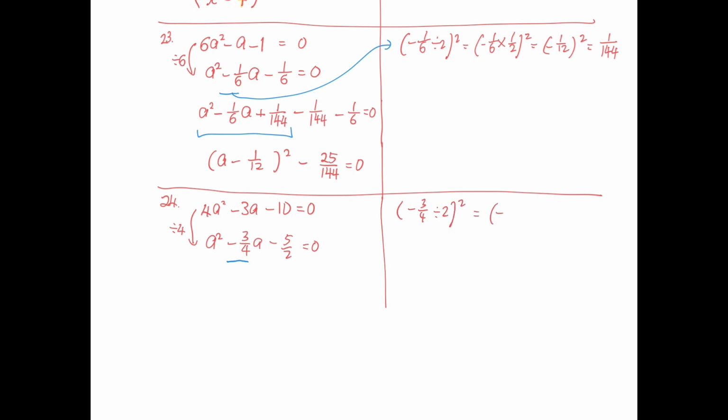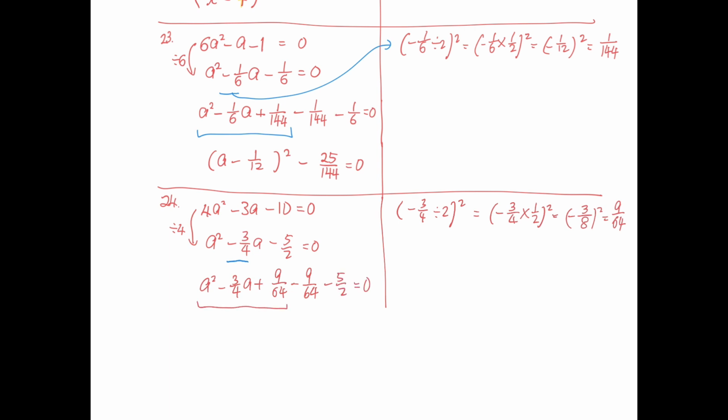So then we get minus 3 over 4 times 1 over 2, then we get minus 3 over 8 squared, which is 9 over 64. So we add: a squared minus 3 over 4a, then we put 9 over 64 minus 9 over 64 minus 5 over 2.